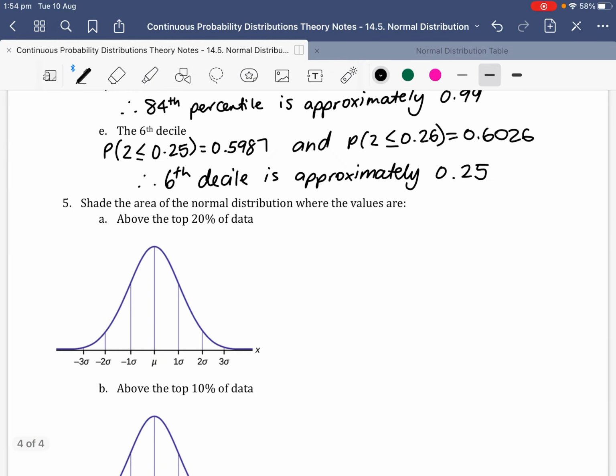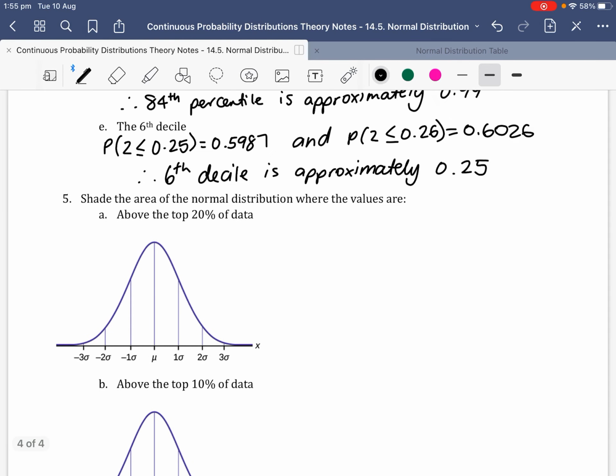Then for question 5, we have to shade the area of the normal distribution where the values are, for A, above the top 20% of the data. So we have the probability of Z is greater than A equals 20%, and we have the probability of Z is less than A equals 80%, which equals 0.8.